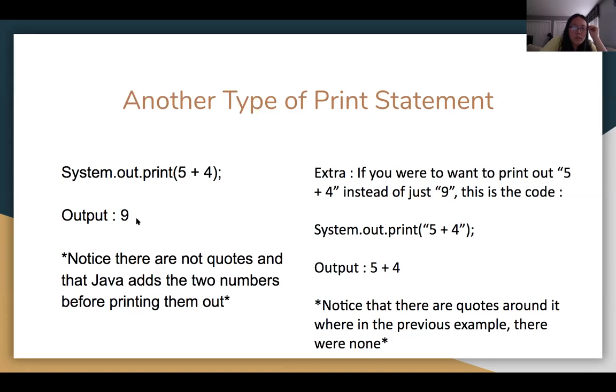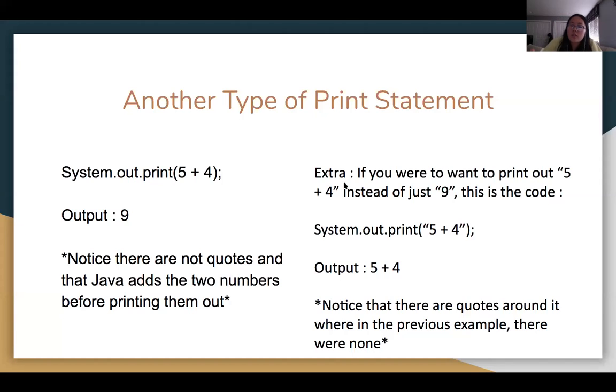So the output of this would be 9. Notice that there are no quotes, and Java adds the two numbers before printing them out. If you don't have any quotes, it actually computes the numbers for you and then prints it out. That's why you get 9 instead of 5 plus 4.